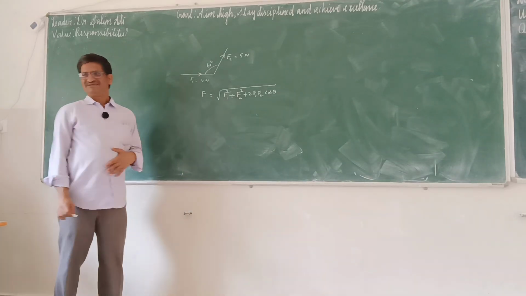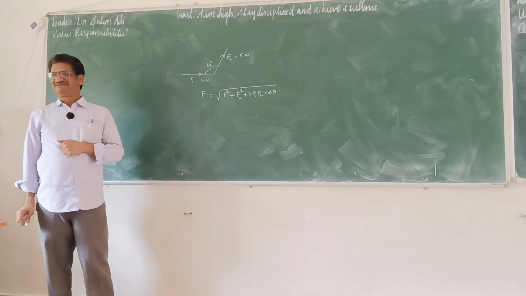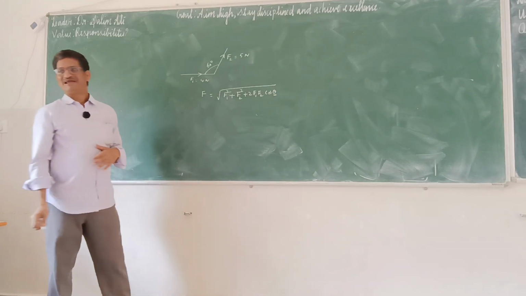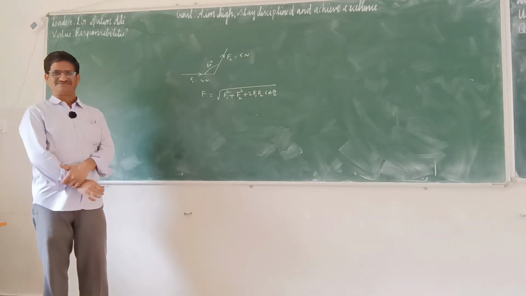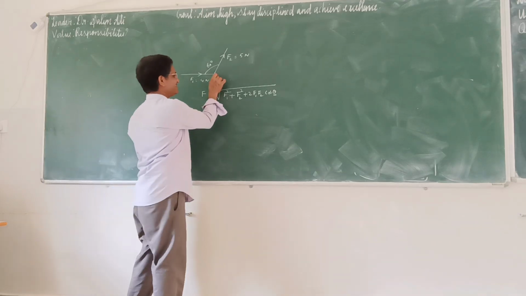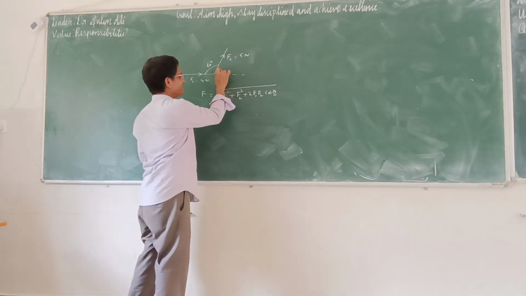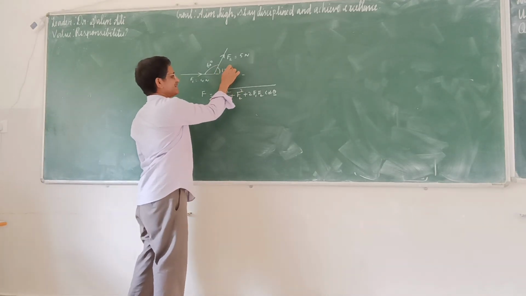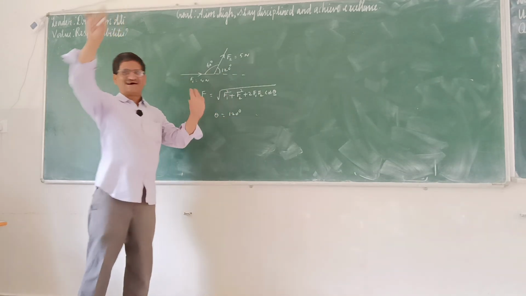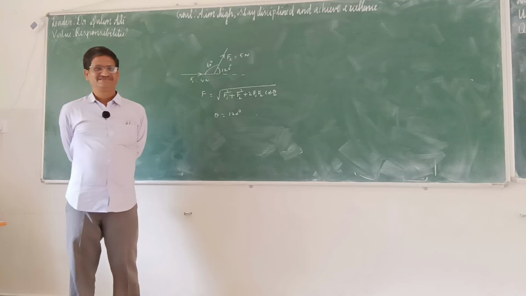Now another small one. Here theta is there. What is its value? Anyone? Wrong. It is 120. This angle you have to take. Then you can solve easily.